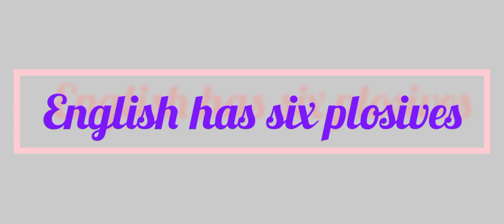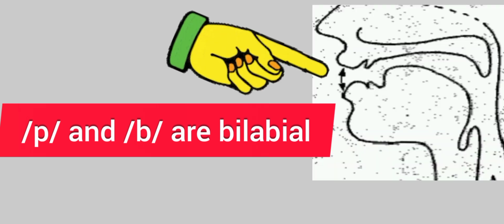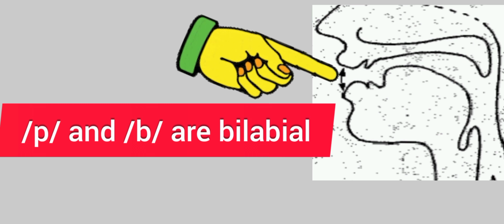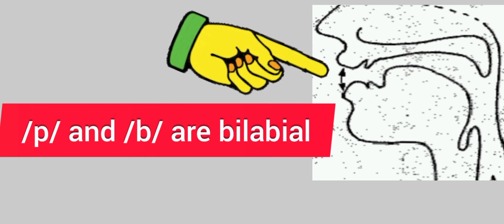Now, English plosives. English has 6 plosive consonants. They are pa, ba, ta, da, ka and ga. According to the place of articulation, pa, ba are bilabial, that is, 2 lips are used to make the sounds.